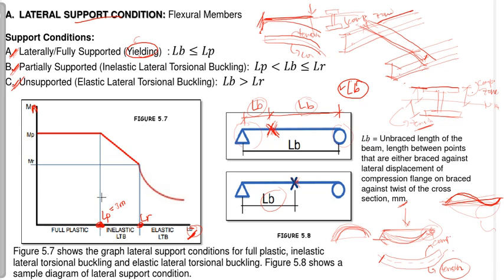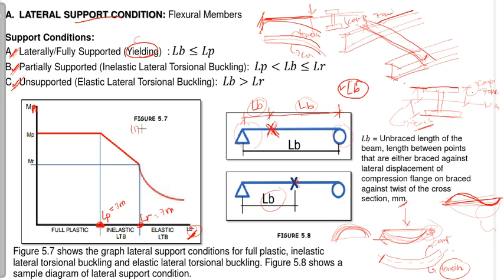Tapos, sinolve din natin using the equation of L sub r, yung lumabas na value natin dito is 7,000. That is equal to 7 meter. So, kunwari, yan yung lumabas na values natin pag ginamit natin yung equation sa pag-solve ng Lp and L sub r.